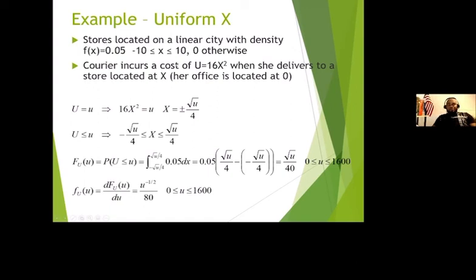But the cost now is also a random variable, but it's a function of the conventional random variable x. Look at that, u equal to 16x squared. Now you know what we want to find right now. We are seeking now to obtain a probability function for the new variable u.